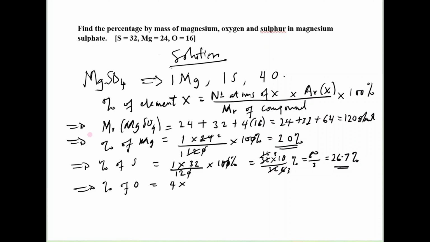Next, the percentage of oxygen will be how many atoms of oxygen there are. That is 4 multiplied by the relative atomic mass of oxygen, which is 16, divided by 120, multiplied by 100%. The 0 will cancel the 0, so 4 here is 1, 4 in 12 is 3. We will now have 16 multiplied by 10, which is 160 divided by 3.